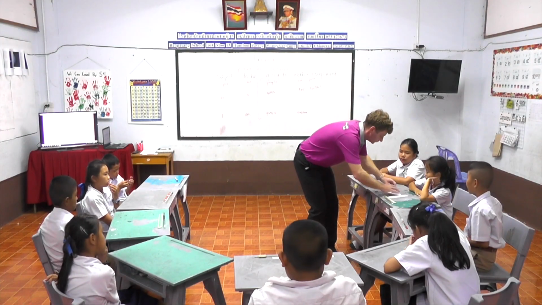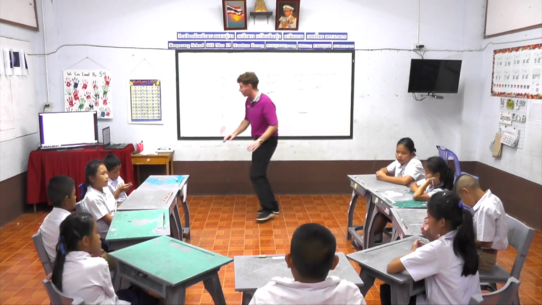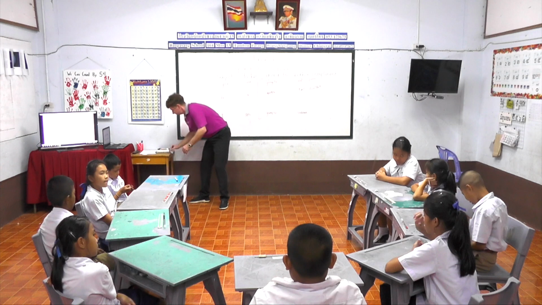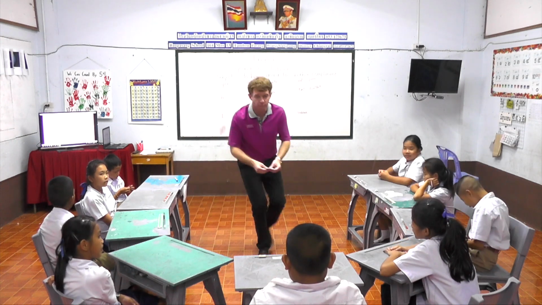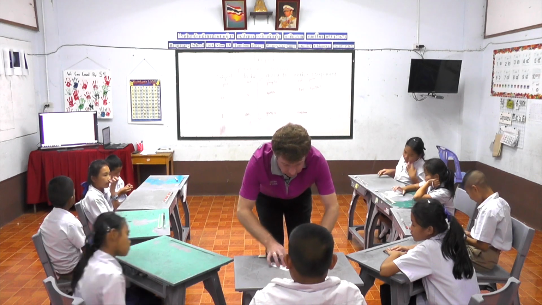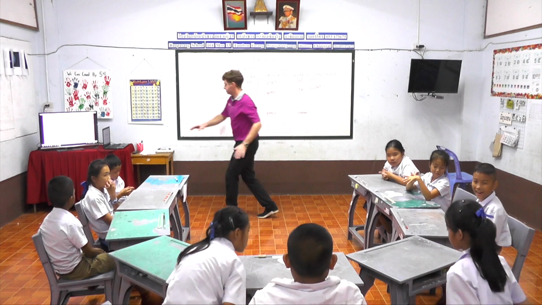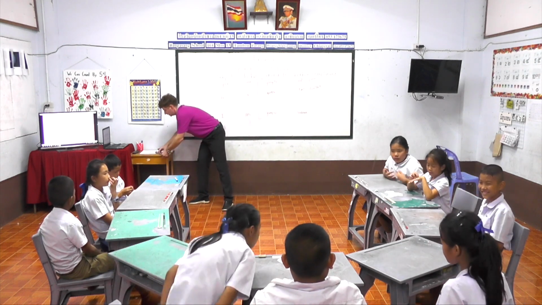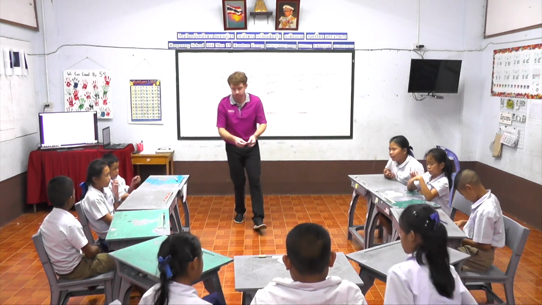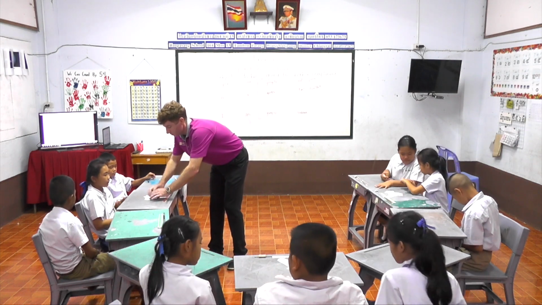But please don't touch until teams 2 and 3 are ready. So team 2, here's your sentence. And we'll jumble them up on the desk. And finally, we have team 3. So here's your sentence all jumbled up.